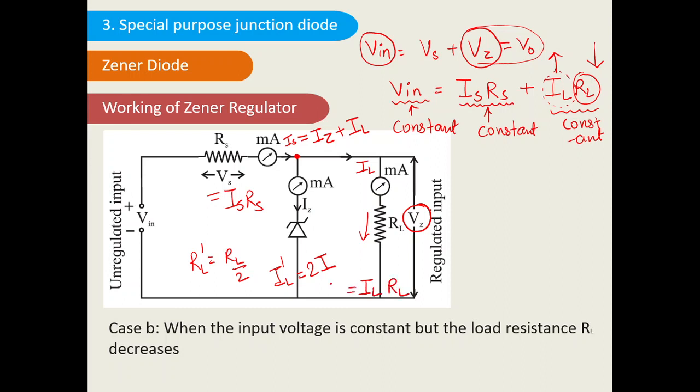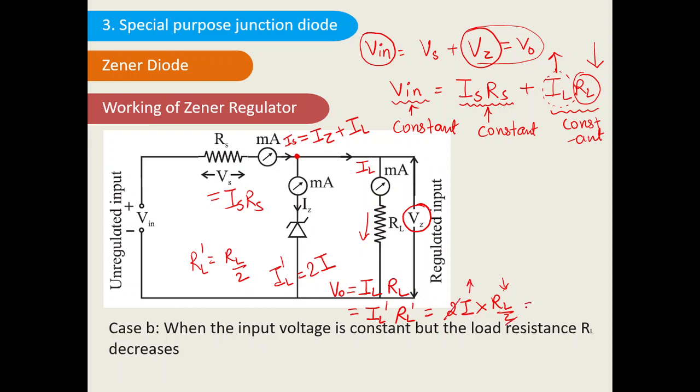It was equal to VO or VZ. What is the value now? IL dash into RL dash, where IL dash is 2 times IL, and RL dash is RL divided by 2. See here, RL is decreasing, it becomes RL divided by 2, so proportionally the IL value is increasing to 2IL.